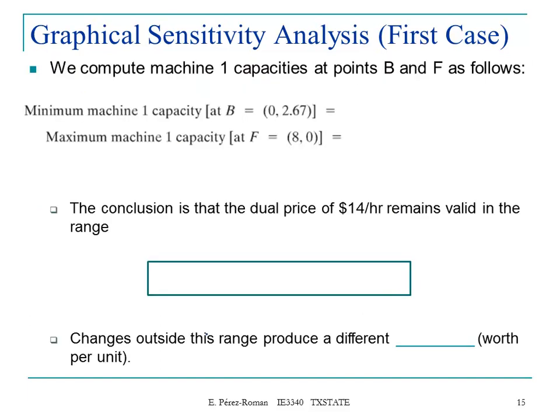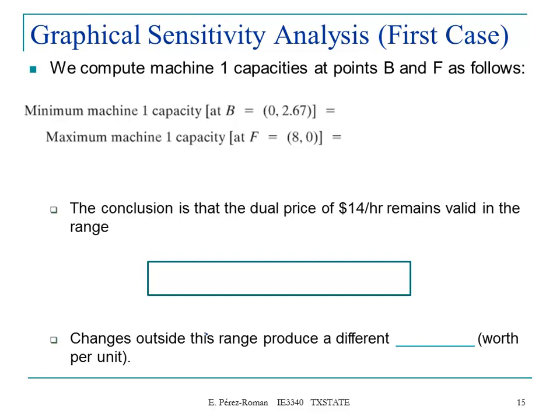Okay, we compute machine 1 capacity at points B and F as follows. I want to know what will be the capacity on each corner of that line.